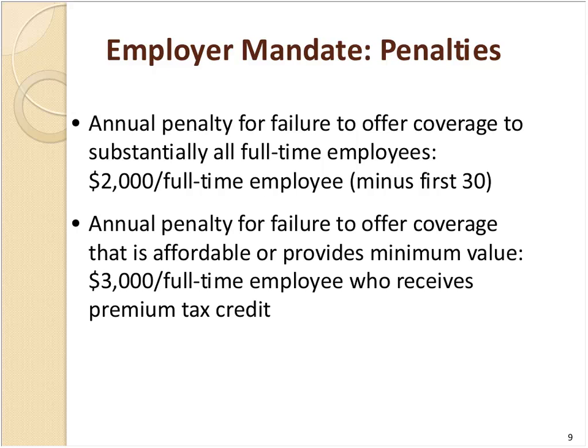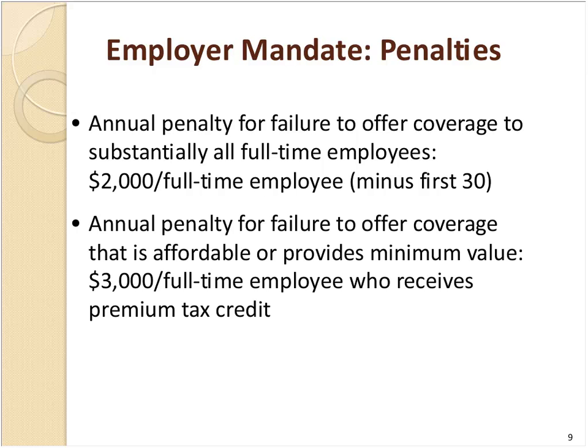So the big penalty can be avoided by offering 95% of the employees coverage, but anybody who isn't offered coverage is at risk for the B penalty, and there's no minus the first 30 on the B penalty. There is an override.